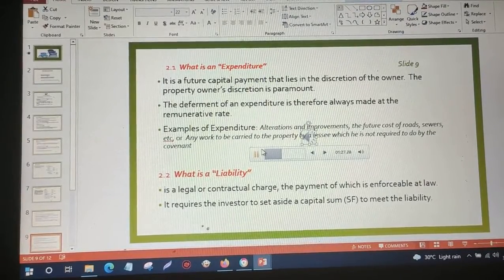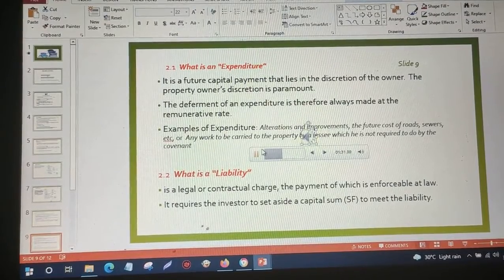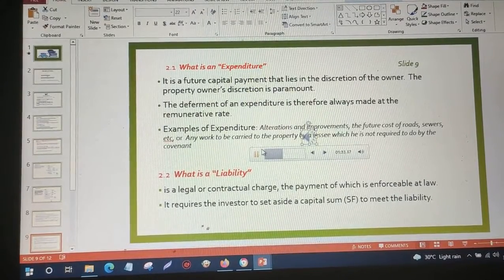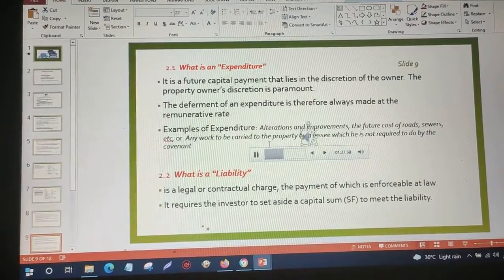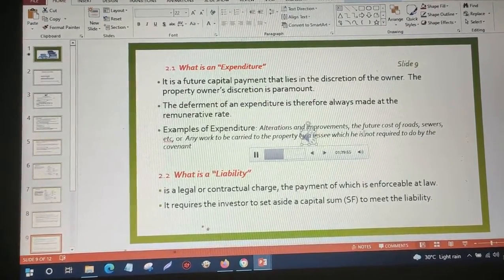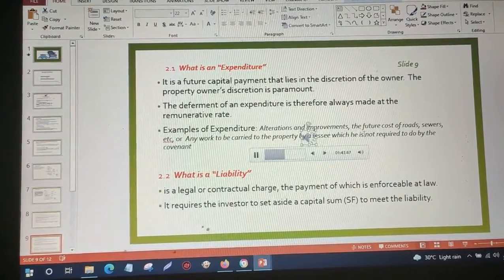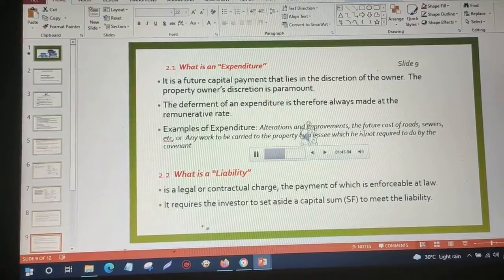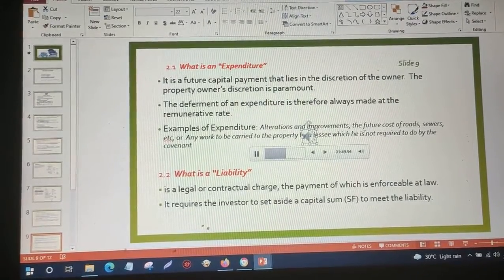Then I can give examples of that. Alterations and improvements. He only does improvements that he thinks will enhance the value of the property. He is not under any compulsion to carry out alterations or improvements or bear the cost of roads or sewers.